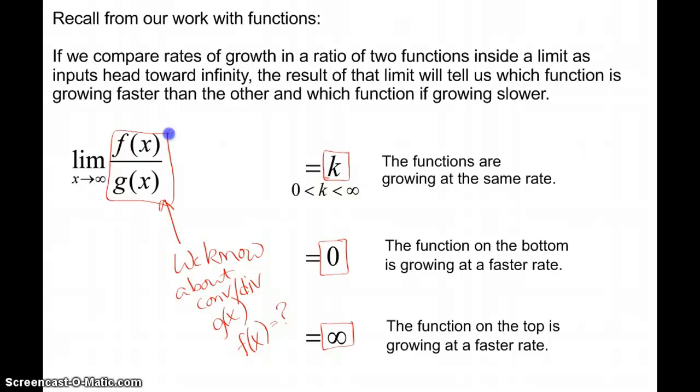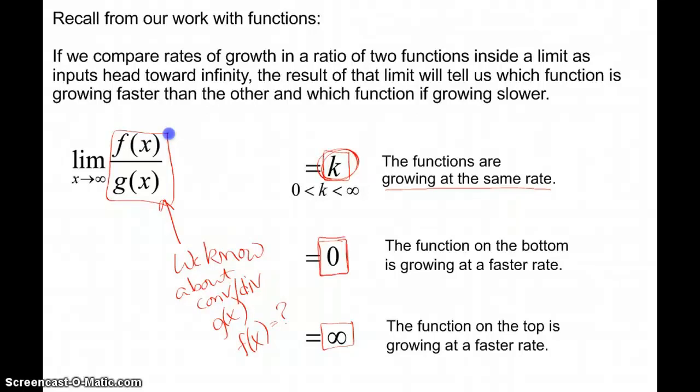If we got a real number value between 0 and positive infinity, it told us that those functions were growing at the same rate. So if g of x was converging, that told us by comparison that f of x was converging as well. If g of x was diverging, f of x was behaving the same way.